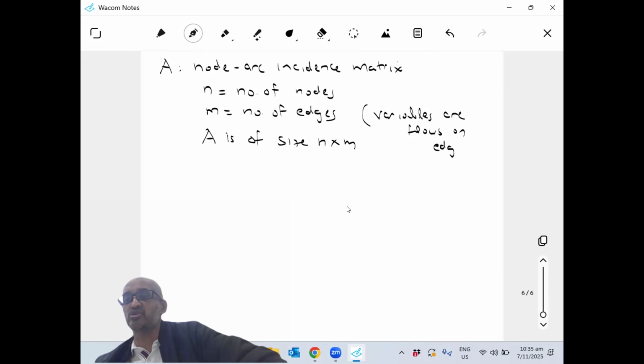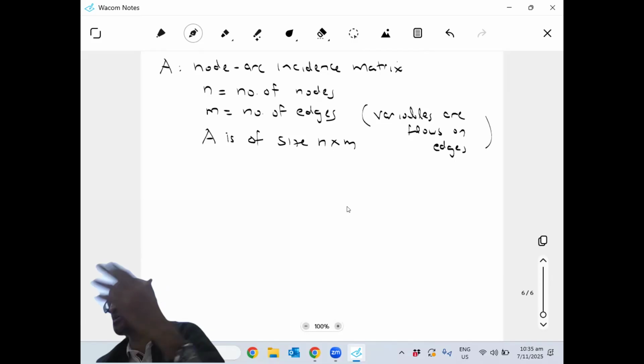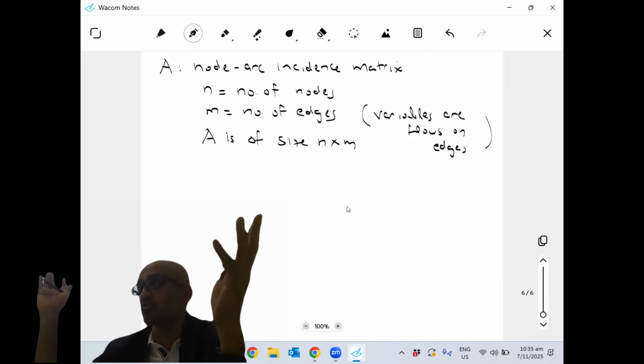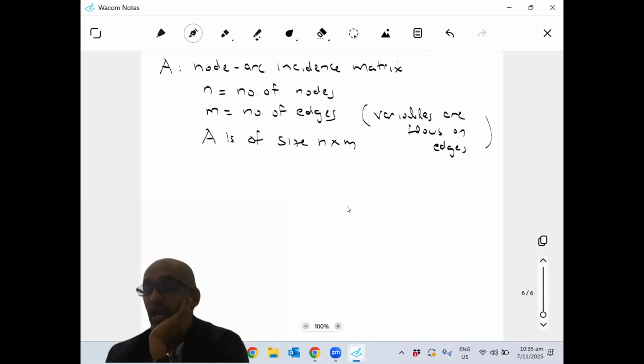So in this problem, I've got m variables and n equality constraints. But it's fine; we don't have to get stuck on n and m. These are just numbers. So A is of size n by m. Is that clear? I'm using n for the number of nodes.